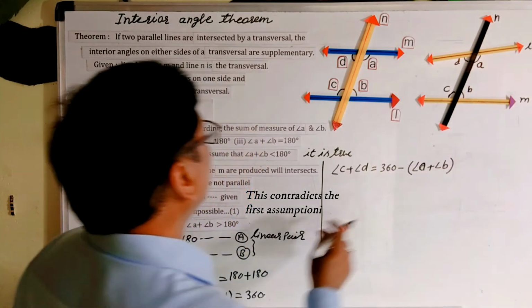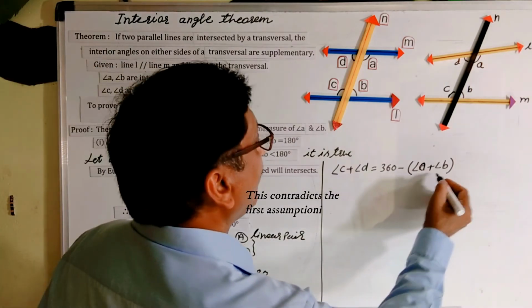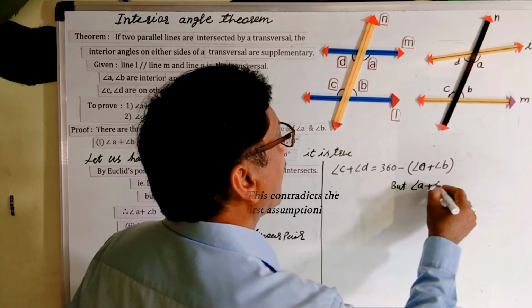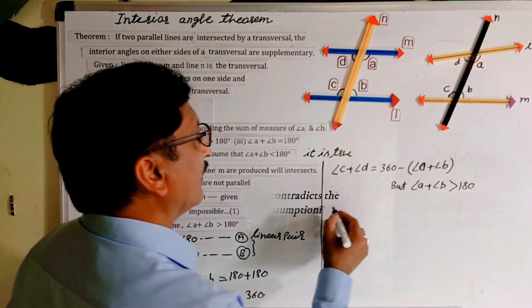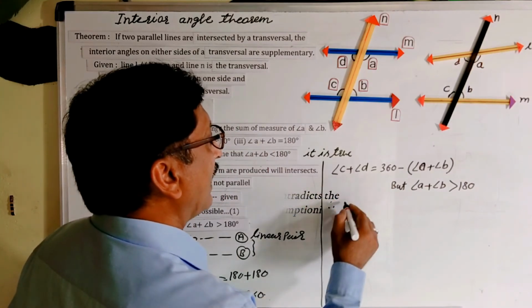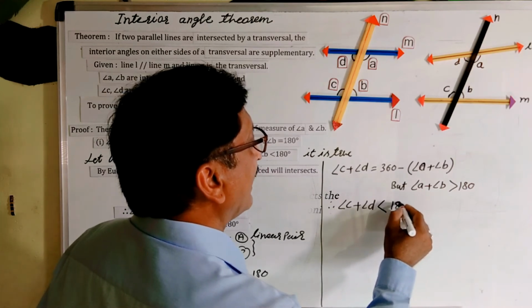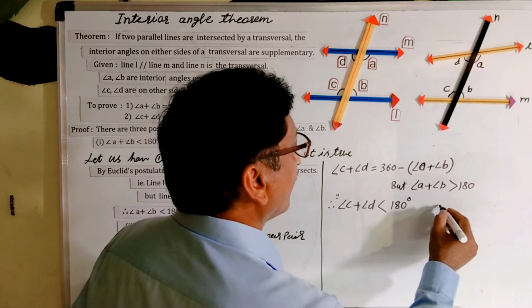But angle A plus angle B is greater than 180 degrees, and therefore you can write that angle C plus angle D is less than 180 degrees.